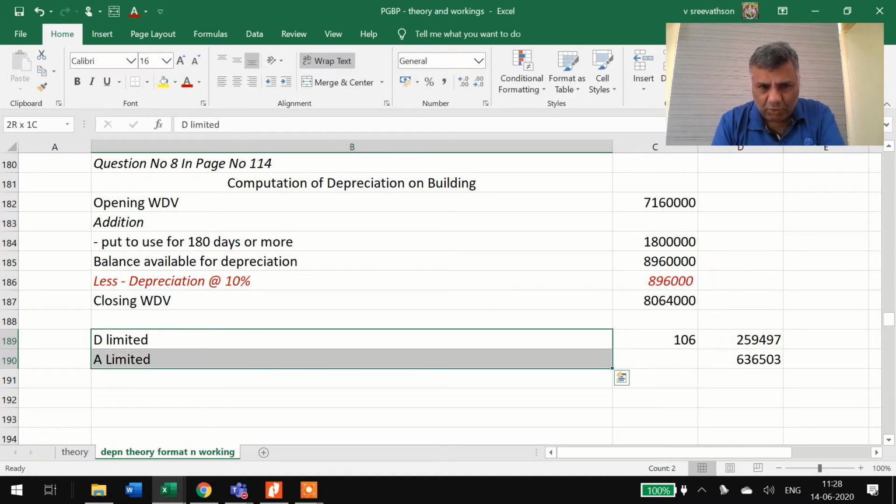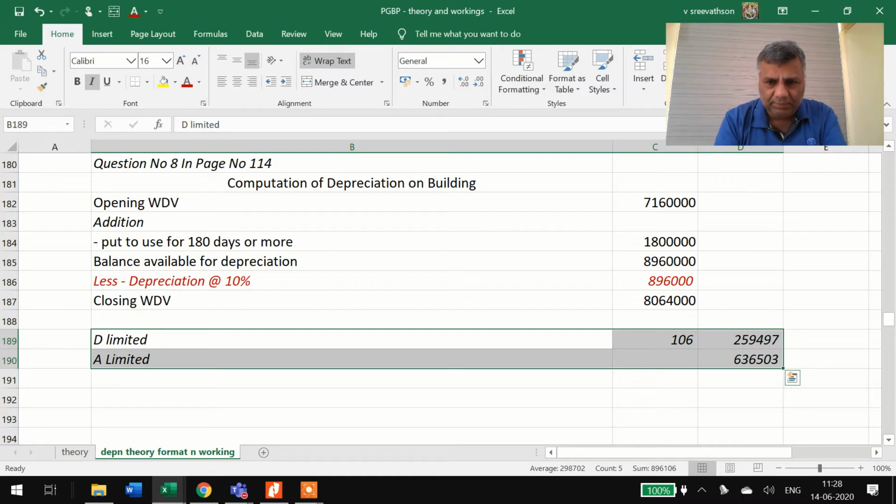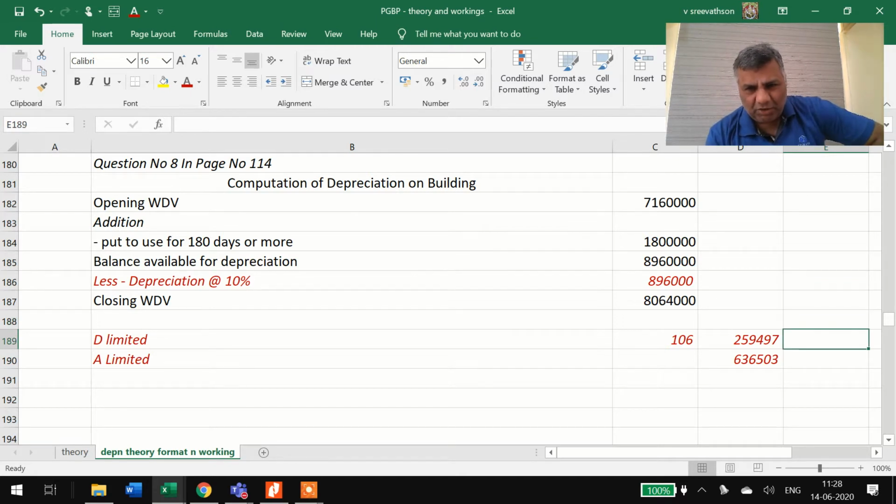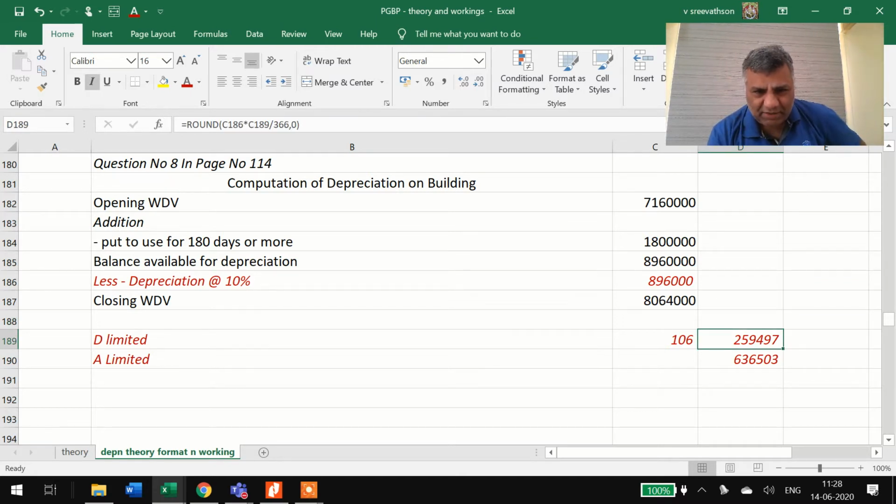This is what each party will claim. When I computed the depreciation, I never even worried about amalgamation. Post computation, I distribute between the entities based upon their effective usage of asset. So D Limited 106 days, balance days for A Limited.